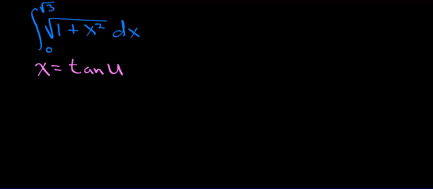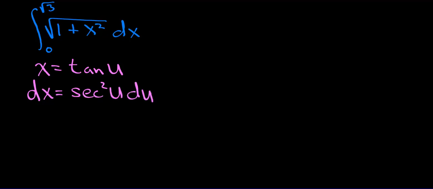Now we're doing a transformation. We're changing this integral to something else. If I do that, notice what I've got to do. I've got to say dx is equal to secant squared u du.